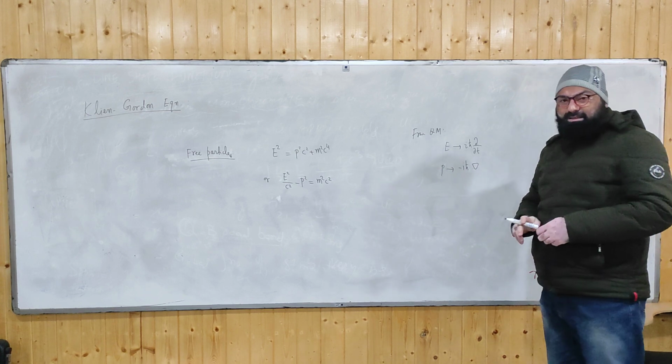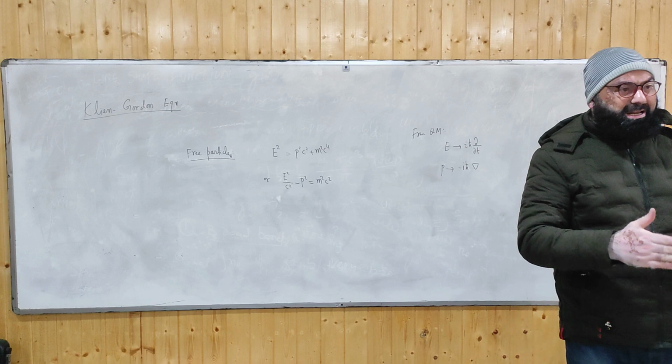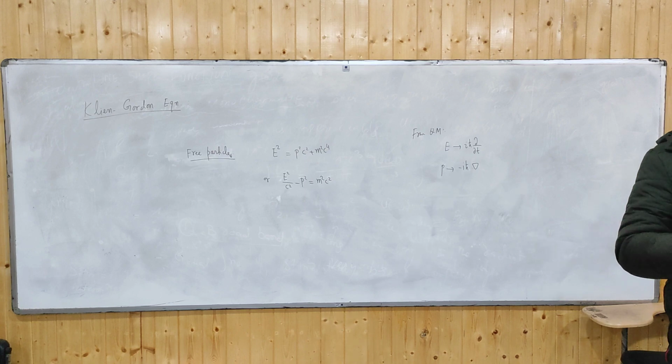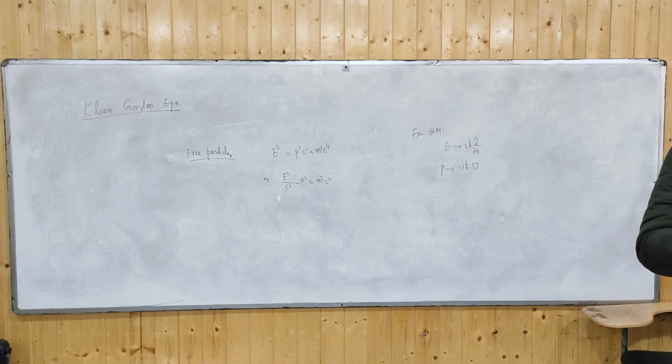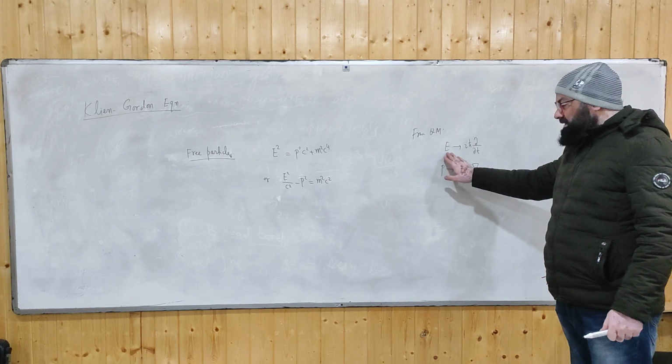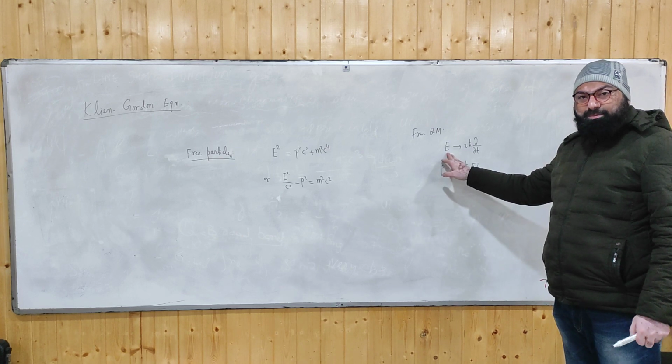and momentum as minus i h cross nabla. If you try to quantize a theory in quantum mechanics, let's say you have a particle moving, and you try to quantize its motion, how do you quantize it? You just raise the observable quantities to the operator level. So this energy is an observable quantity, and you put an operator for that.